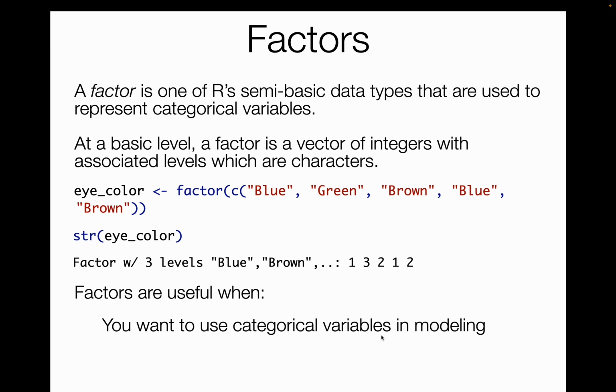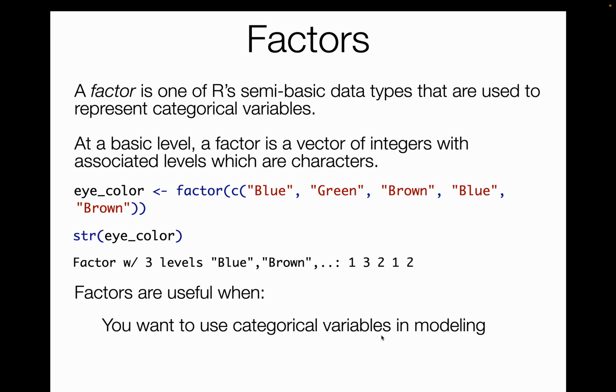Factors are useful in a couple of different areas. One is when you want to use categorical variables in a modeling setting. Now, we don't really have a good idea about what that is, at least in terms of knowledge that you've learned from this class. You may have modeled before, or you certainly have in other classes, although you may not have called it modeling.